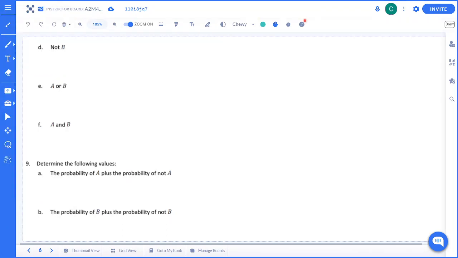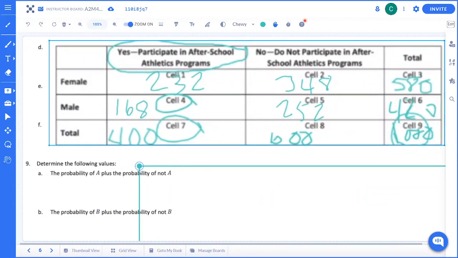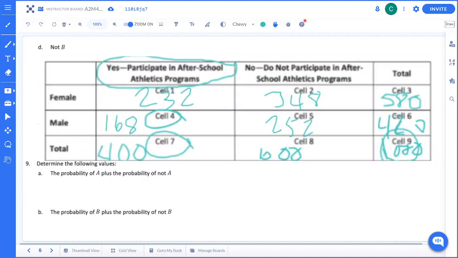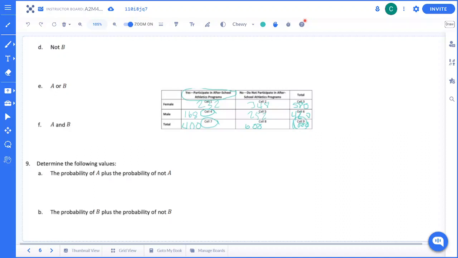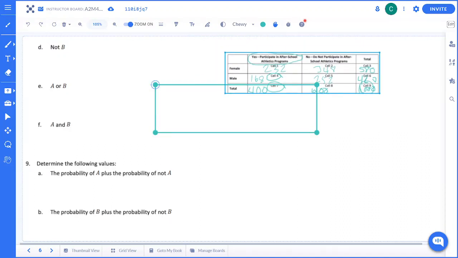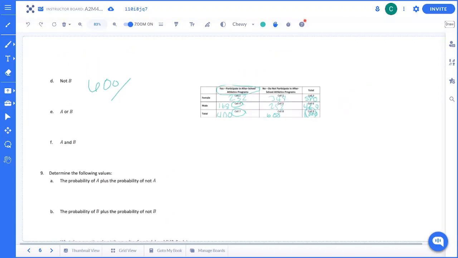So let's bring our chart back in here. All right, so B was participate. So not B would be those that do not participate, which would be 600 out of 1.